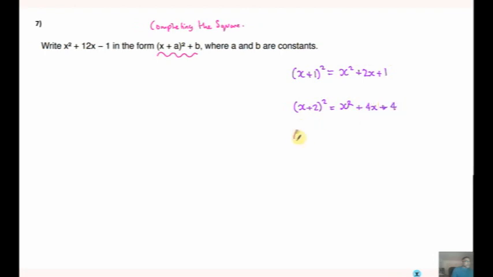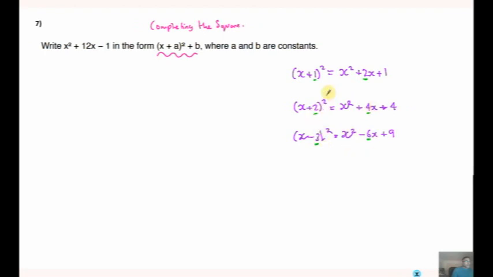If I had, say, and I'm going to use a negative here, x minus 3 squared, that would give us x squared minus 6x, and then minus 3 squared would be plus 9.